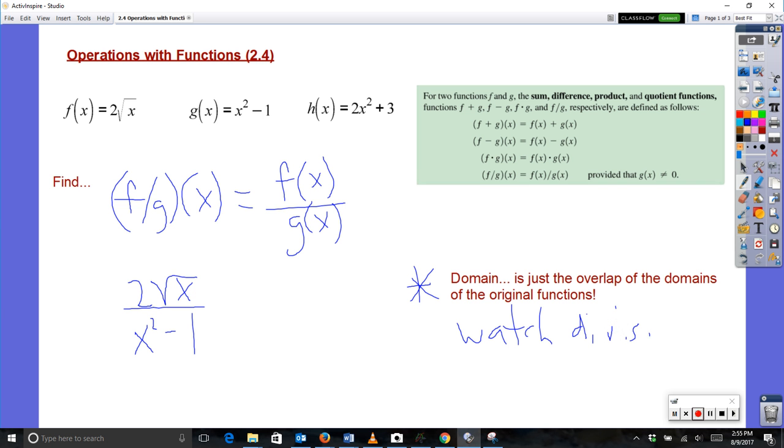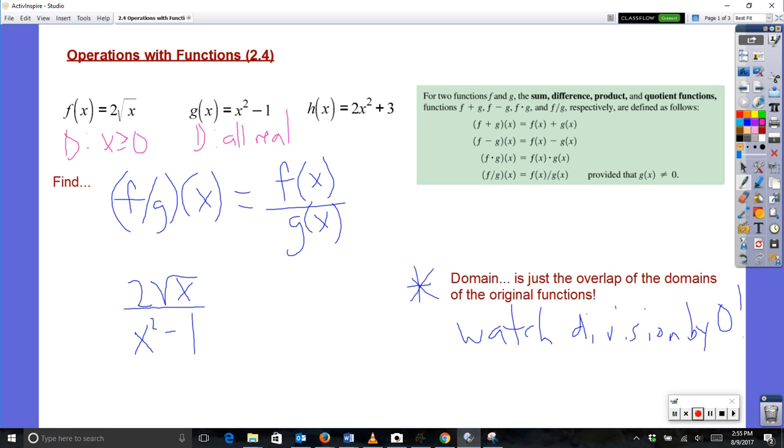So if we're not doing one of the fractions, we don't have to worry about this, but when we're dividing by something, we have to watch this. So if we look at the domain of 2 root x, the domain of that is all x's greater than or equal to 0. We can plug anything that's 0 or more, and we can take the square root of it. For g of x, the domain is all real numbers.